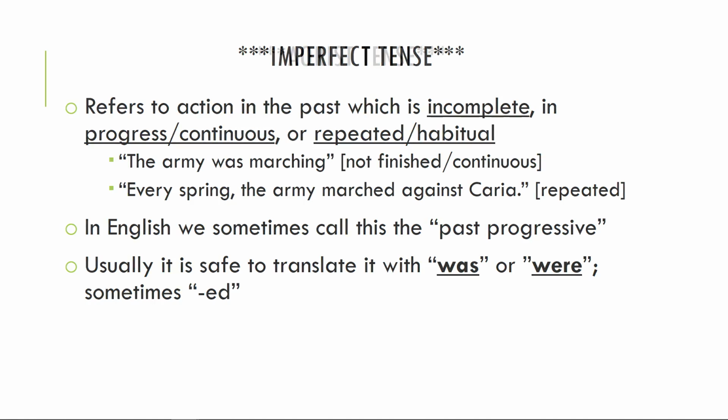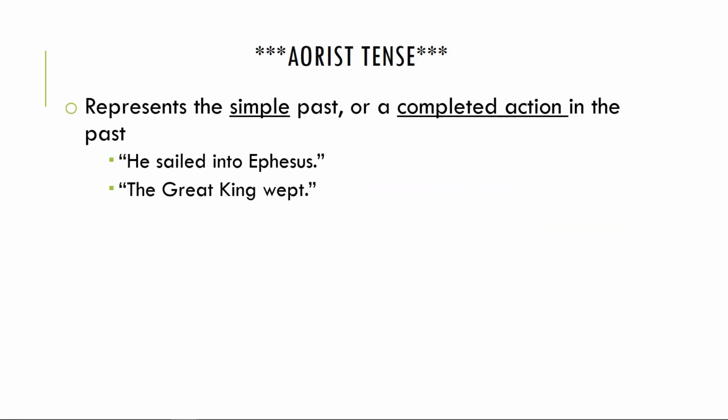It's pretty simple. Likewise, the aorist tense represents the past tense, but when it's done, when it's simple or completed. So if the army marched in the imperfect tense, it's still going on, or it went on for a while. In the past, in the aorist tense, it means it's done. So he sailed into Ephesus. He's there now.